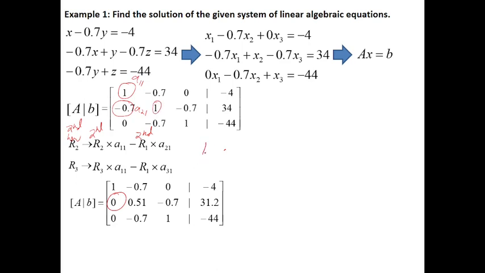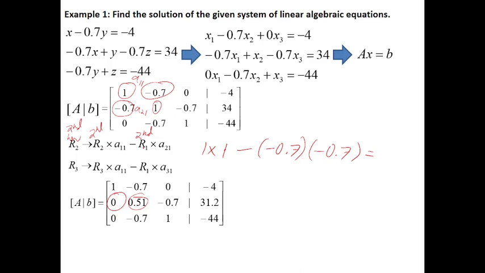1 multiplied by A11. 1 pa rin. Minus R1 second element, negative 0.7. Multiplied by A21, negative 0.7. Anong sagot? 0.51. 0.51. Ayun, nakuha yan, 0.51.